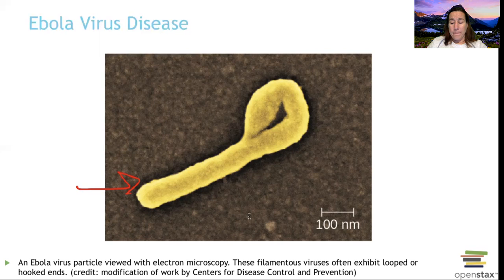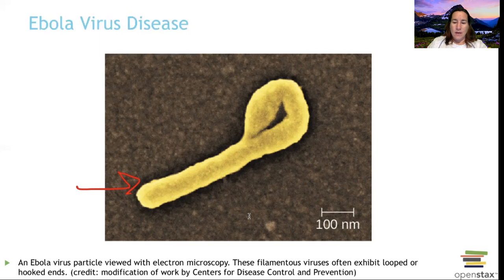Once somebody is infected, most of us probably know that at first it sounds like any other disease. It's a fever, you've got a headache. This is everything that we've talked about from all the other viruses right before. Sore throat, headache and fever.